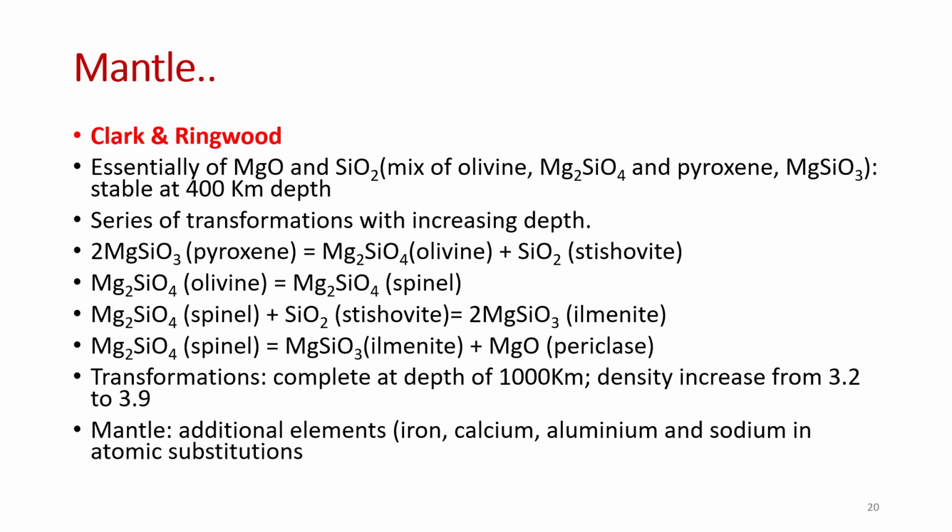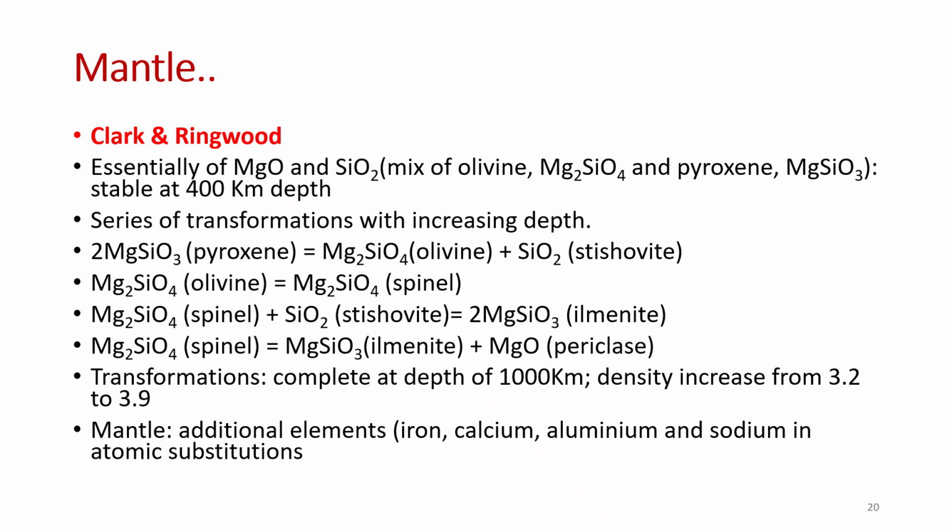Clark and Ringwood have applied these data to the elucidation of the transition zone, and as a first approximation, they assume it is essentially composed of magnesium oxide and silicon dioxide, corresponding to a mixture of olivine, Mg2SiO4, and pyroxene, MgSiO3. These phases would be stable to a depth of about 400 kilometers, and below that depth a series of transformations into closer packed phases would take place.